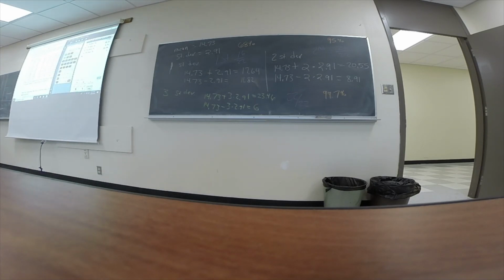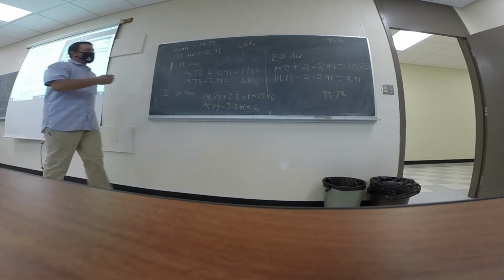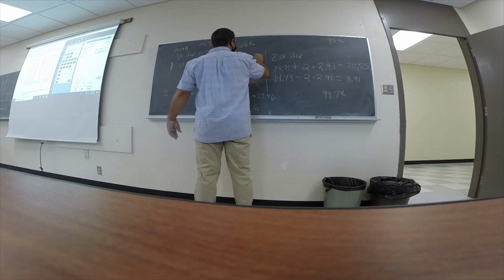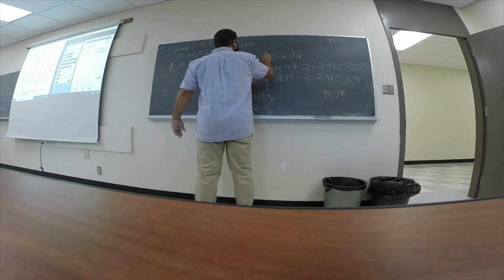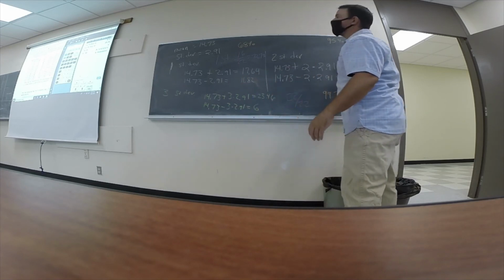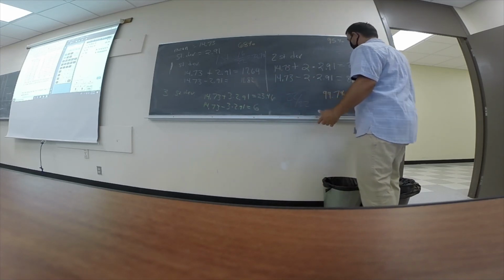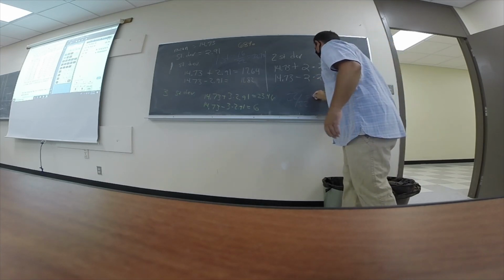So 16 over 22 gives me 72.7. Go ahead and do 21 over 22 as well. Save me the trip. Okay. So this is 72.7. This is 95.5. Obviously, 22 over 22 is 100%, right?